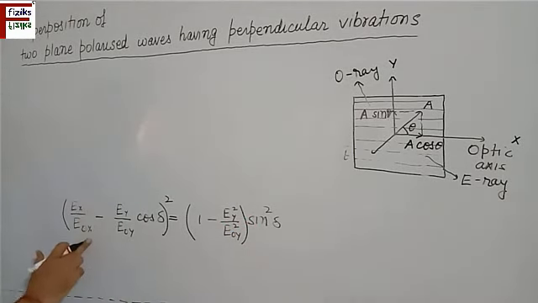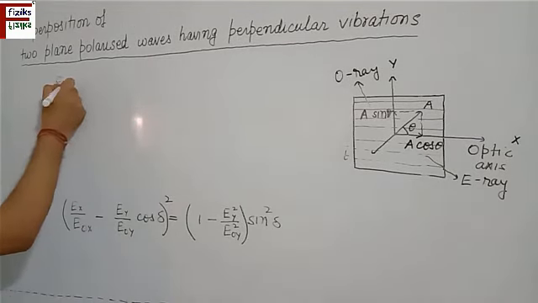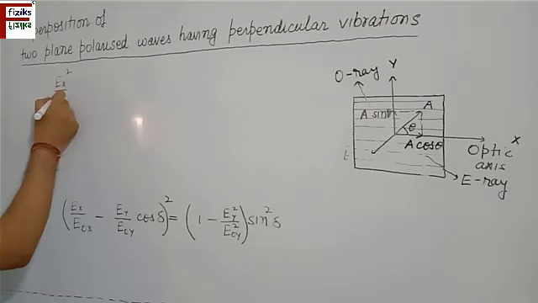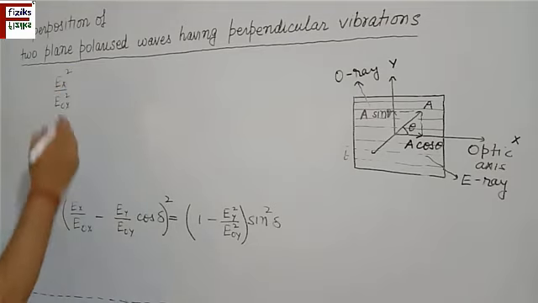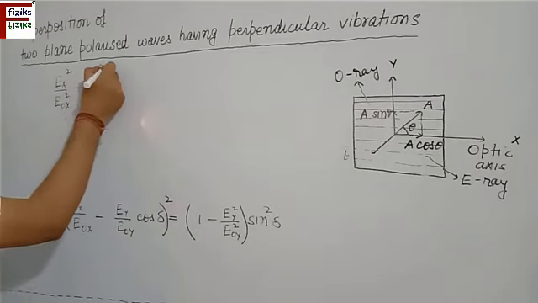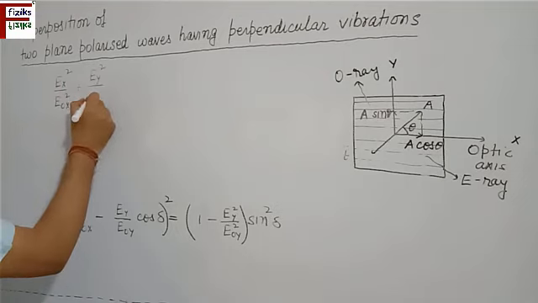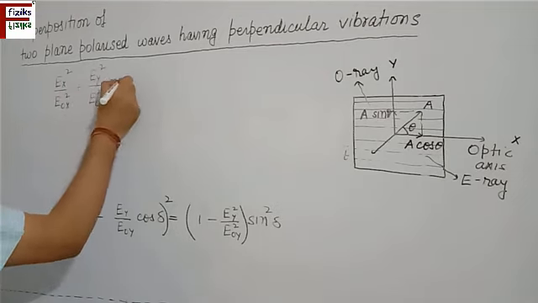This will be Ex square upon E naught x square plus Ey square upon E naught y square cos square delta.